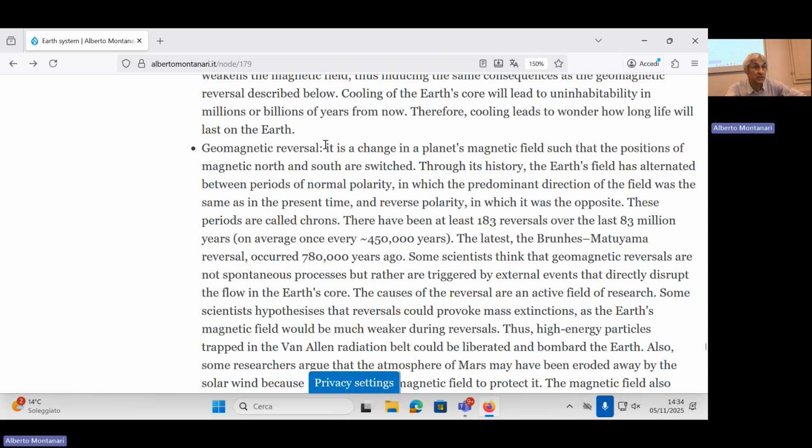But still, you see, there have been at least 183 reversals. So these natural disturbances are present, but in the models, we usually don't consider them.